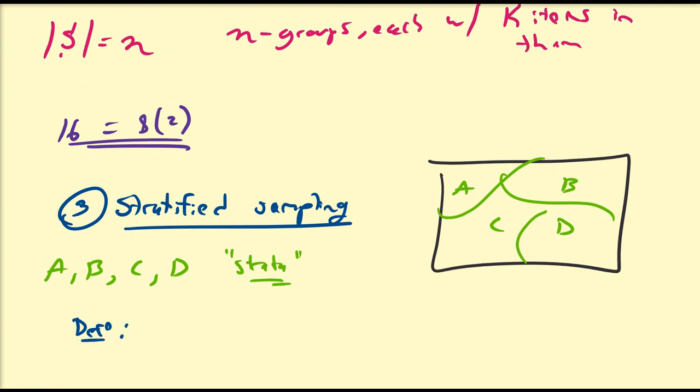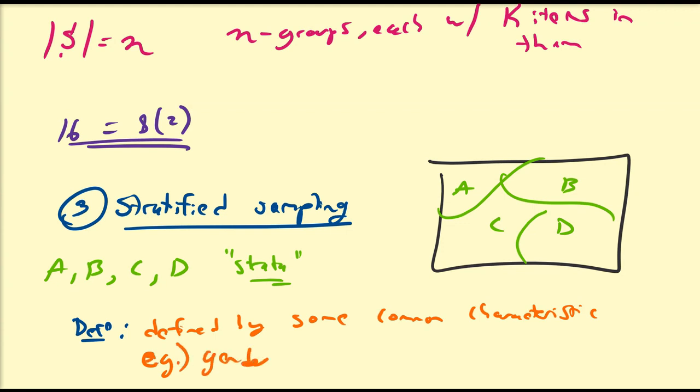So, definition: these are usually defined by some common characteristic. For example, you can have gender, race, religion, cooking level. There are several different metrics that you could use in this particular partitioning.